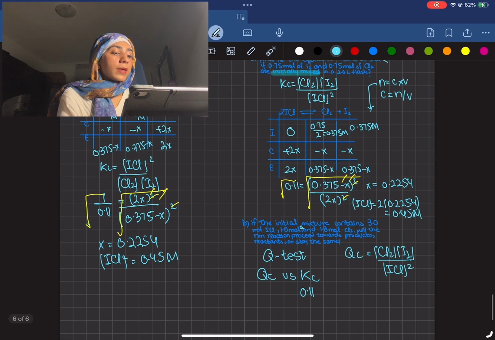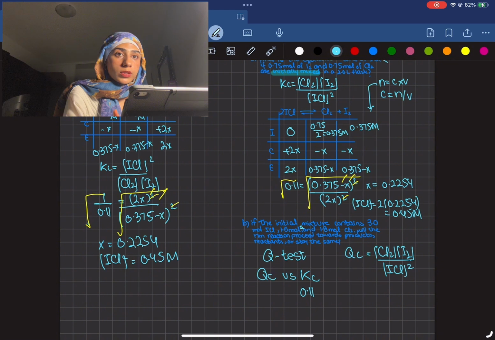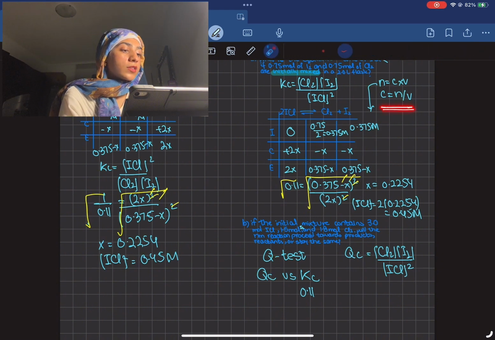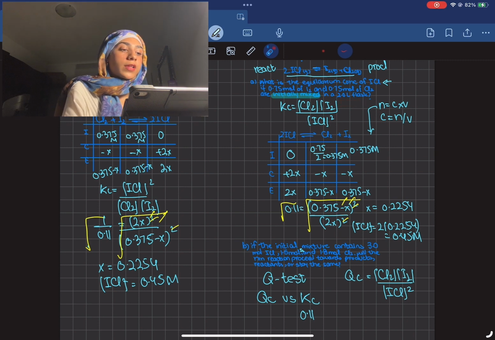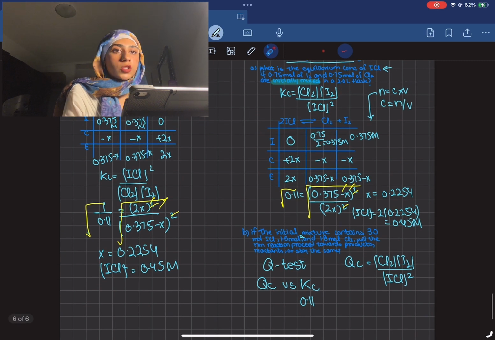However, while I'm going to plug the values in, I notice that I don't really have the concentrations. The information I'm provided with gives me the moles. I need to find the concentration, so I'll use this formula again. However, I need volume, and because the flask is a 2-liter flask, it's safe to assume that the volume is 2 liters.